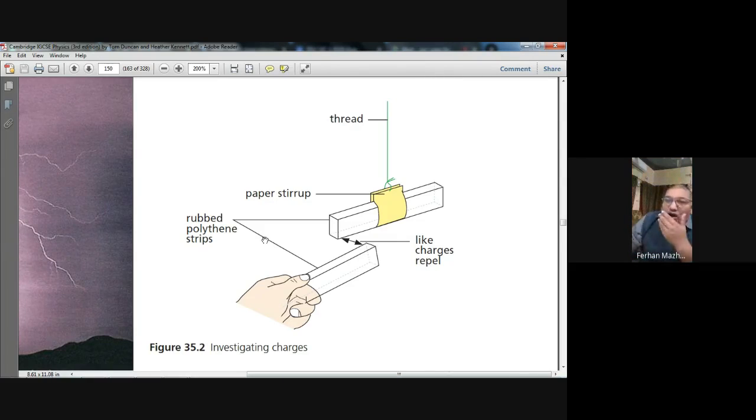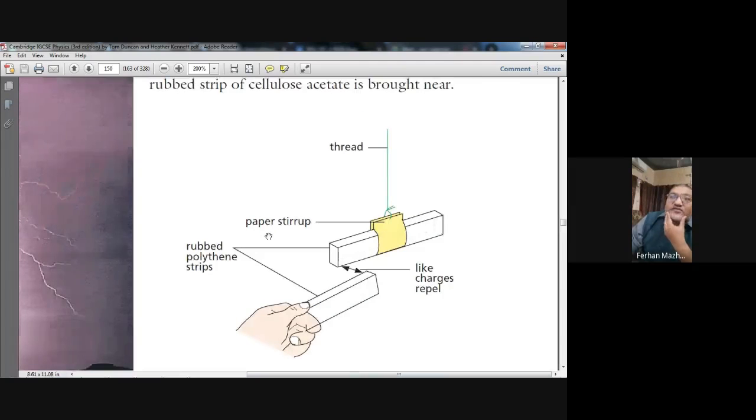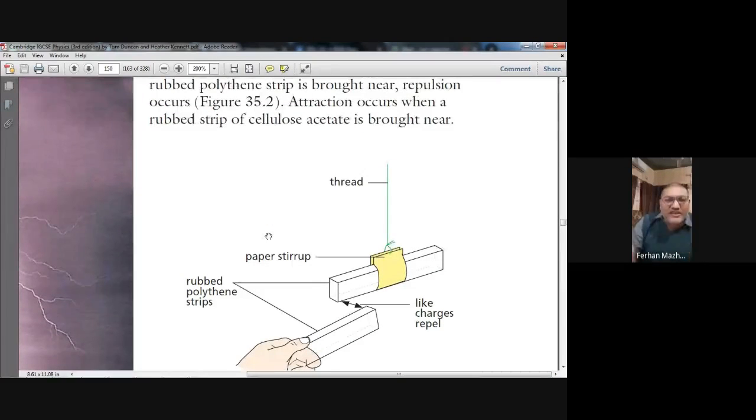Take another rod made of a different material, cellulose acetate, rub it with the cloth, and bring it near the hanging polythene rod. You will observe they will be attracting each other.